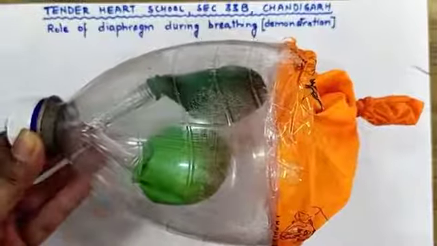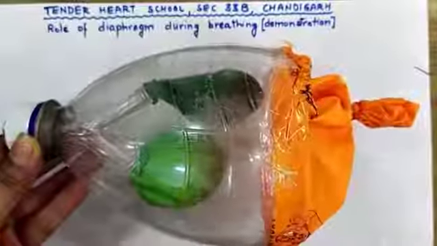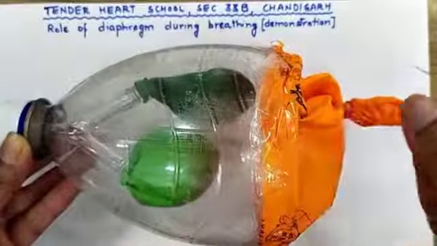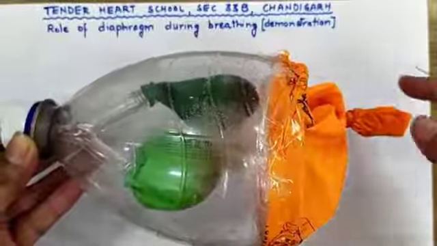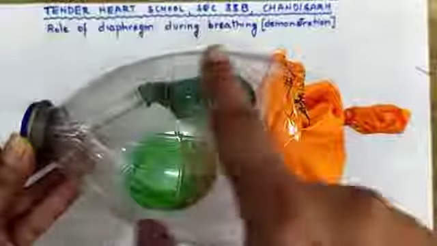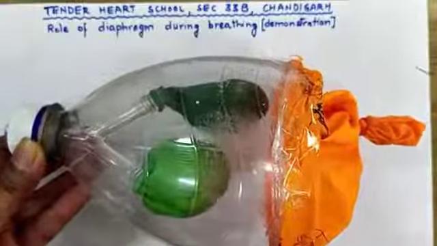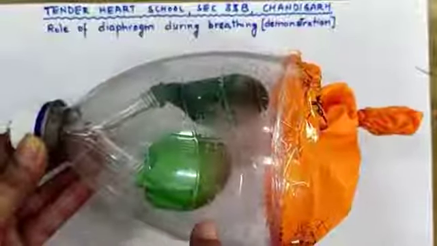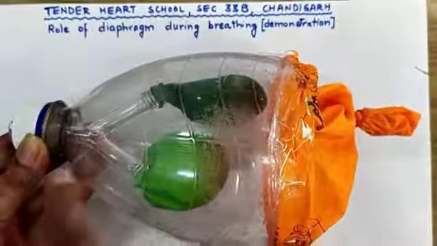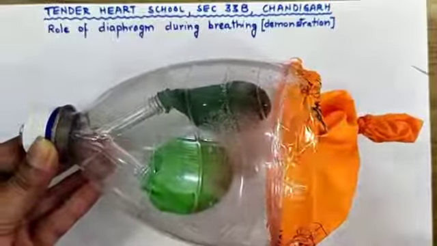That will be taken out from the trachea to the outside. And when we take the diaphragm out, when we stretch it out, then because the internal thoracic cavity increases, the air is drawn into the lungs. The air is drawn inside the green balloons.